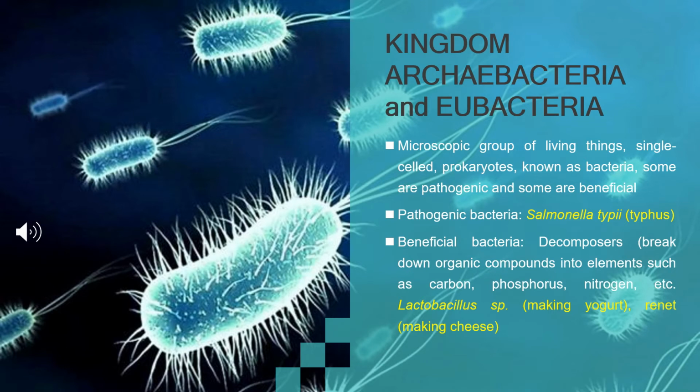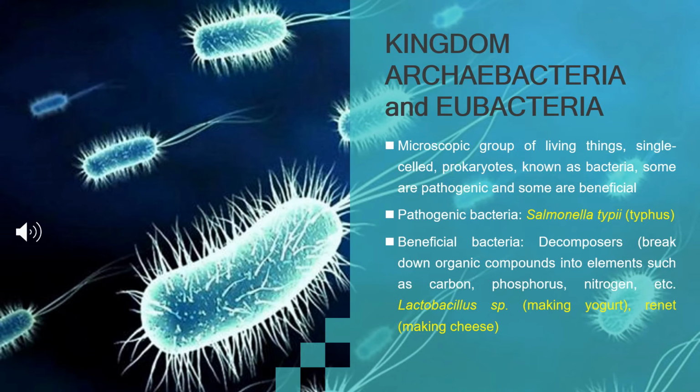Kingdom Archaebacteria and Eubacteria. A microscopic group of living things, single cell prokaryotes known as bacteria. Some are pathogenic and some are beneficial. This is an example of pathogenic bacteria, Salmonella typhi, the bacteria that leads to typhus.